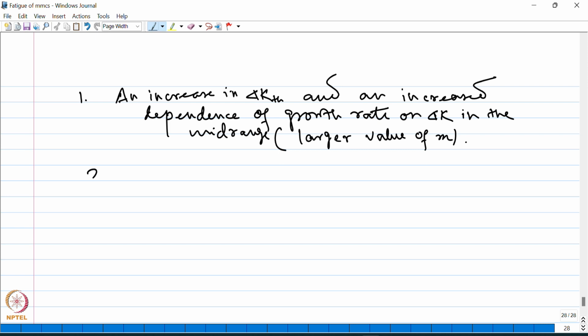Second, lower delta KTH, and higher near threshold and mid-range growth rates.